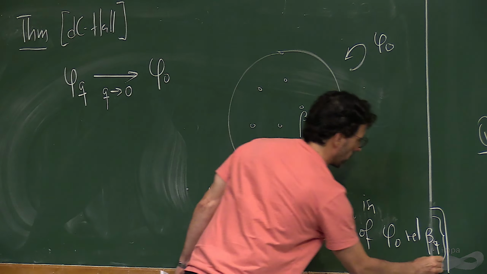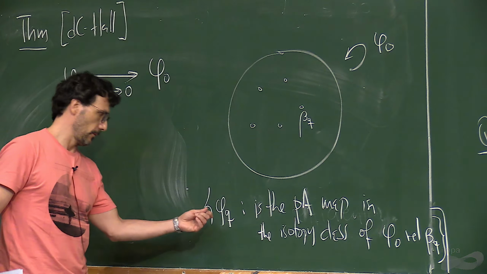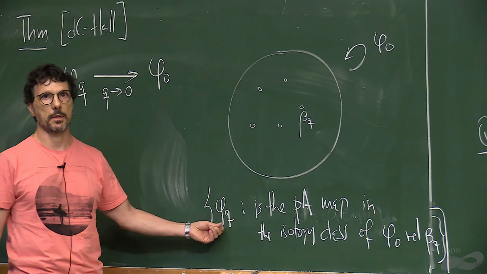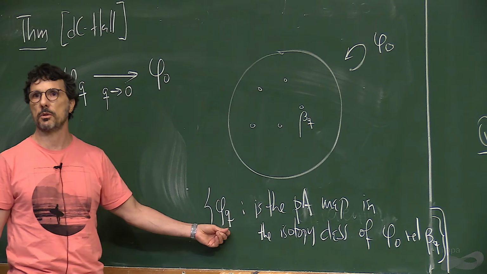Okay, so now you have a family of pseudo-Anosov maps indexed by this rational number between 0 and a half.